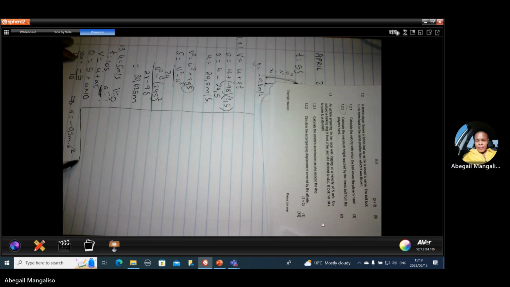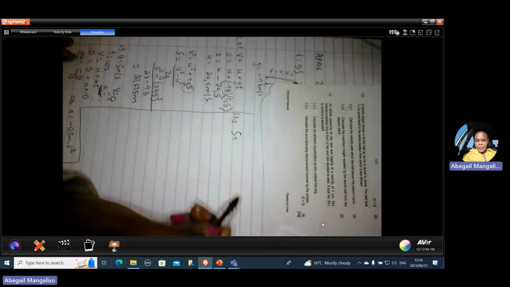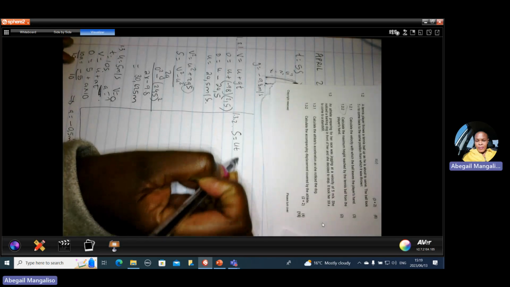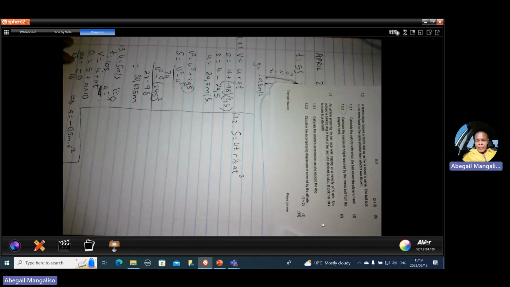1.3.2: calculate the accompanying displacement covered by the athlete. To calculate the distance, this person is going to reduce from 5 to 0. What will be the stopping distance? We can use any equation that involves distance and acceleration, so we can use ut plus half at squared.